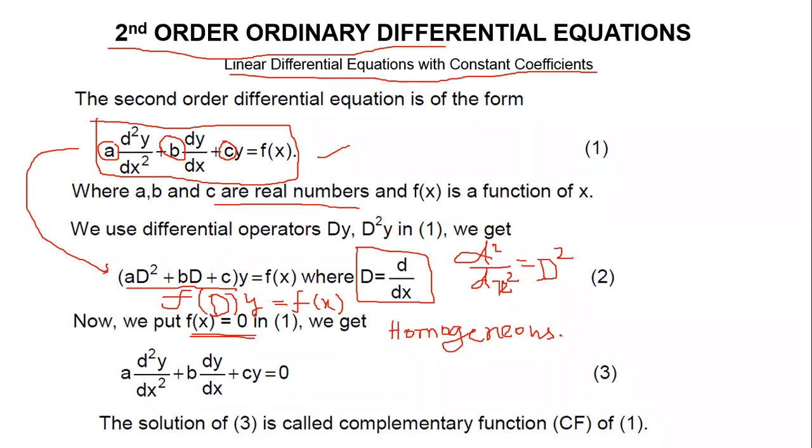In the first unit we have discussed the homogeneous equation. When is it said to be a homogeneous equation? If the right hand side is equal to 0, it is called a homogeneous equation.